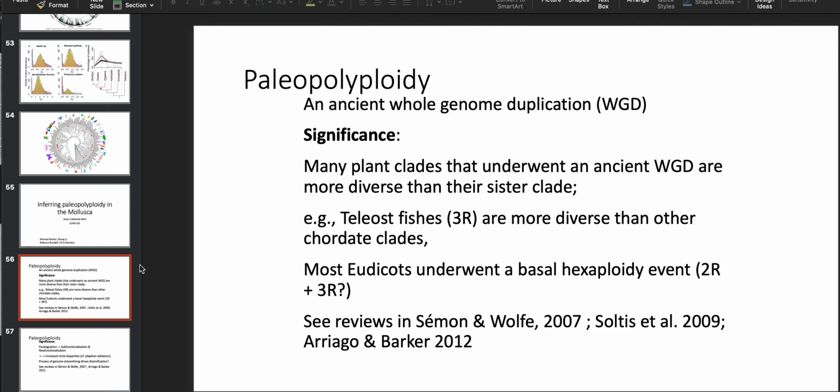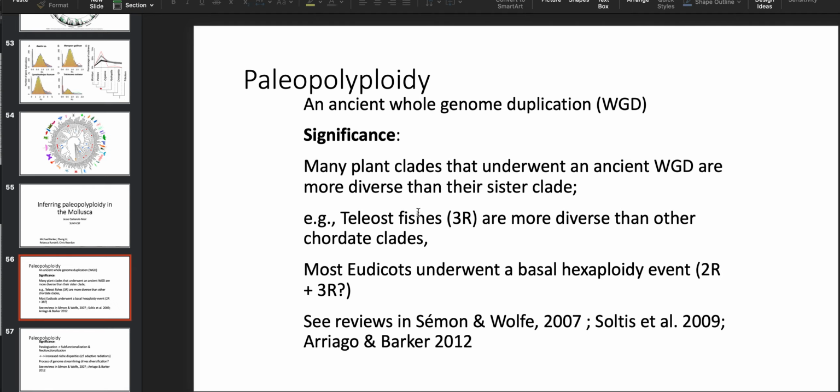Just to come back to polyploidization events, paleopolyploidy is an ancient whole genome duplication event. Kind of fun to say. In some cases, plant clades that have undergone a whole genome duplication event are more diverse than their sister clade. That's not 100% true.